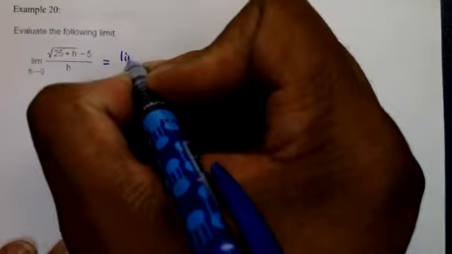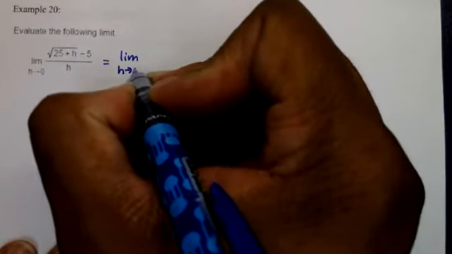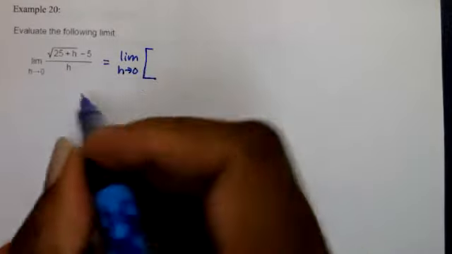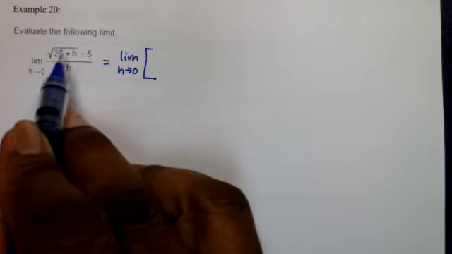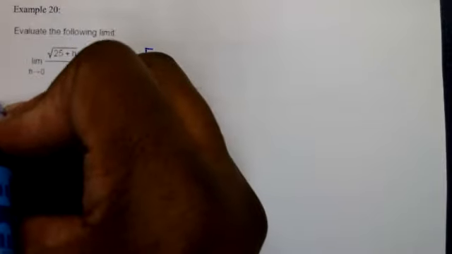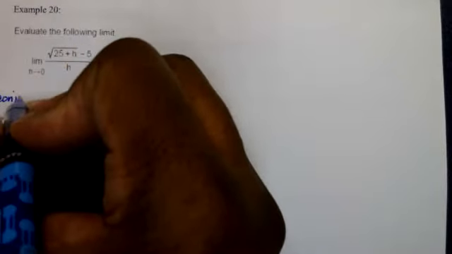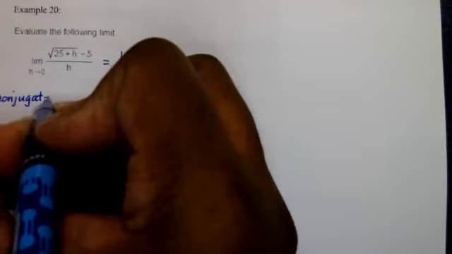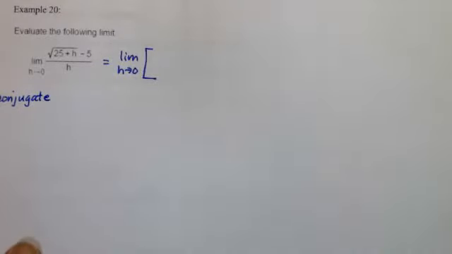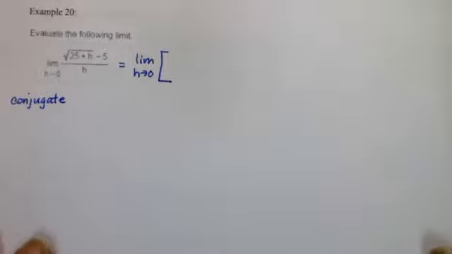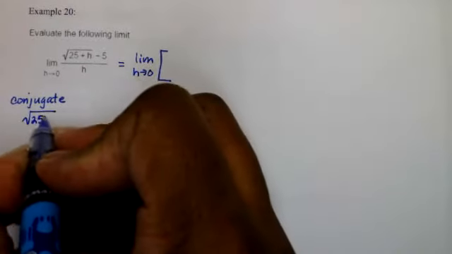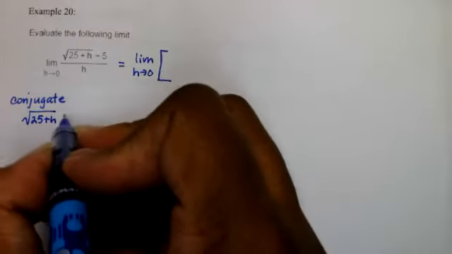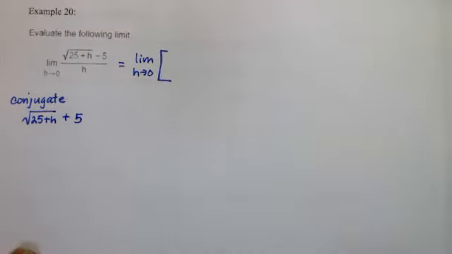Okay. Start by writing the limit as h approaches 0 of, here we need the conjugate of the square root of 25 plus h and then minus 5. So the conjugate of that would be, of course, the square root of 25 plus h, change the minus to a plus, and then 5.